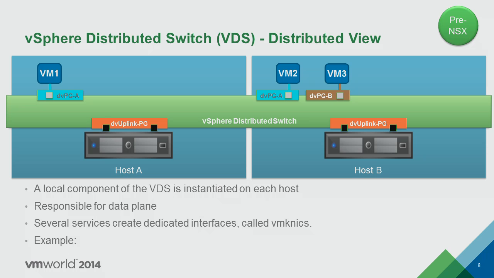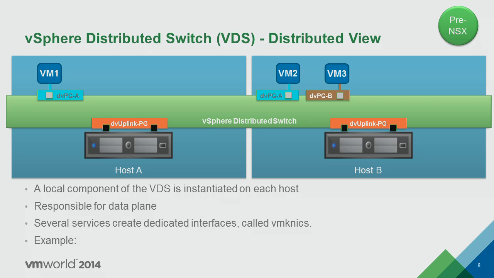Now let's go on a per host basis, a more local view of the VDS. When you are running a virtual machine in your data center, it looks like it is in the data center from a high level perspective, but eventually this virtual machine is running on a particular host. So here, for example, VM1 is on host A. And that's where we'll have the code implementing not only VM1, but also the DV port where VM1 is connected.